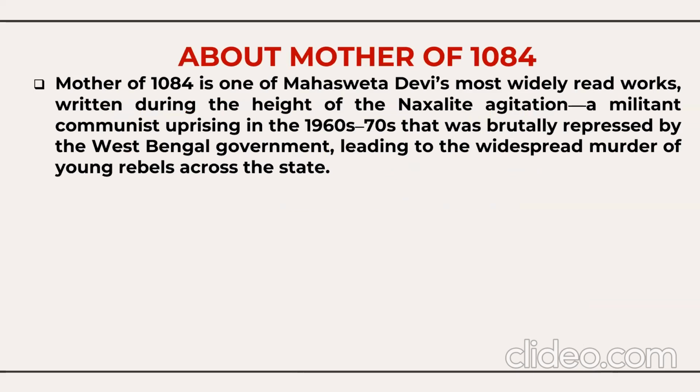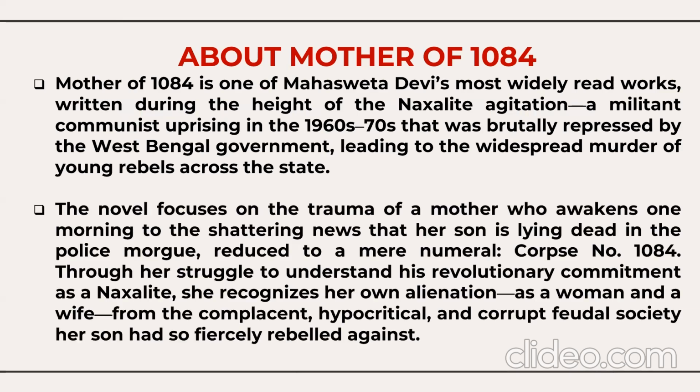Mother of 1084 is one of Mahashweta Devi's most widely read works, written during the height of the Naxalite agitation, a militant communist uprising in the 1960s to 70s that was brutally repressed by the West Bengal government, leading to the widespread murder of young rebels across the state. The novel focuses on the trauma of a mother who awakens one morning to the shattering news that her son is lying dead in the police morgue, who was given a corpse number 1084.